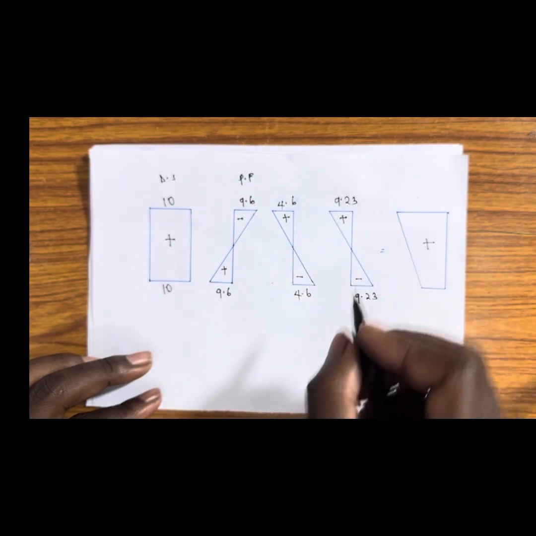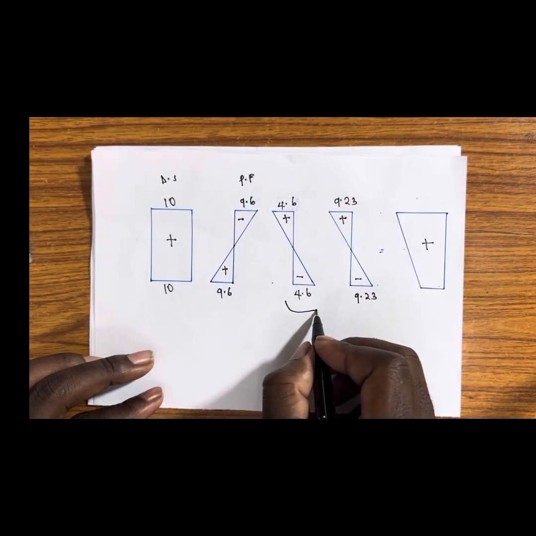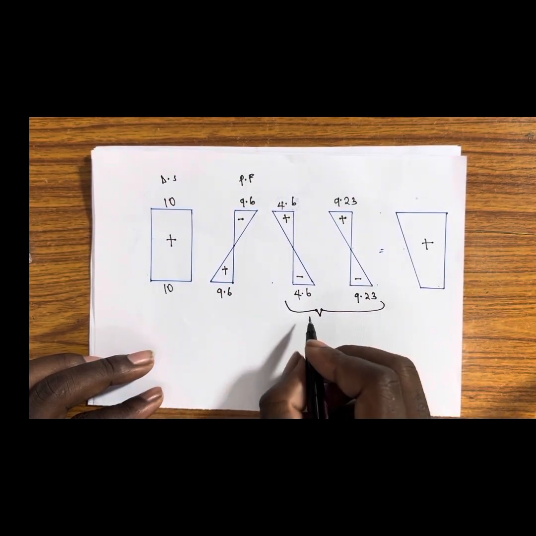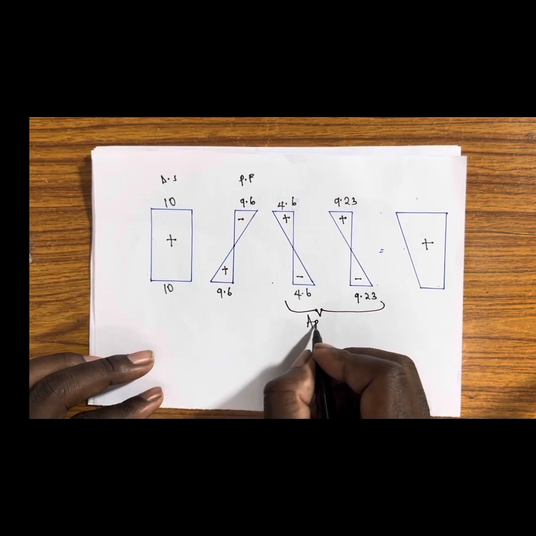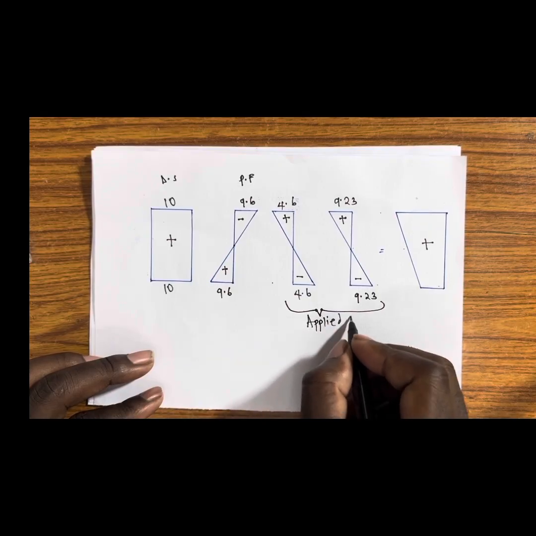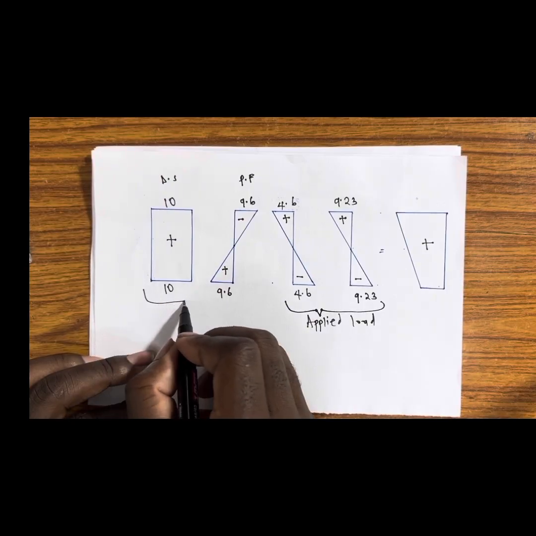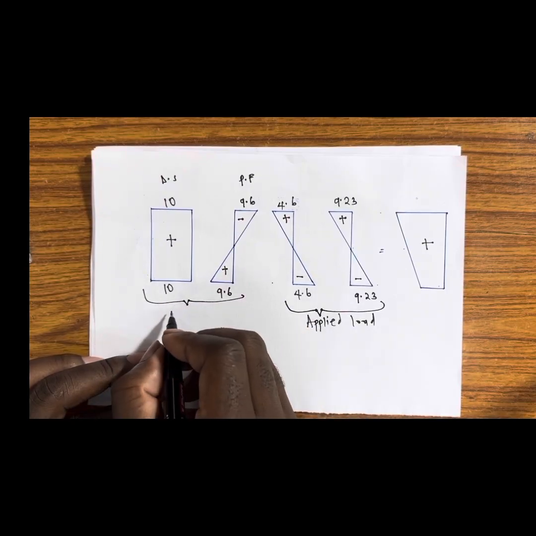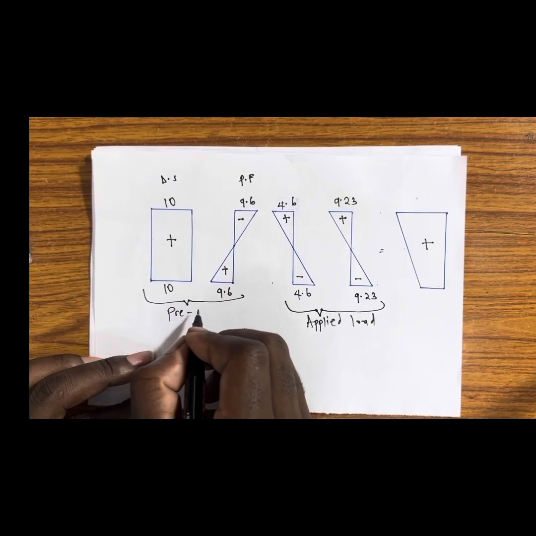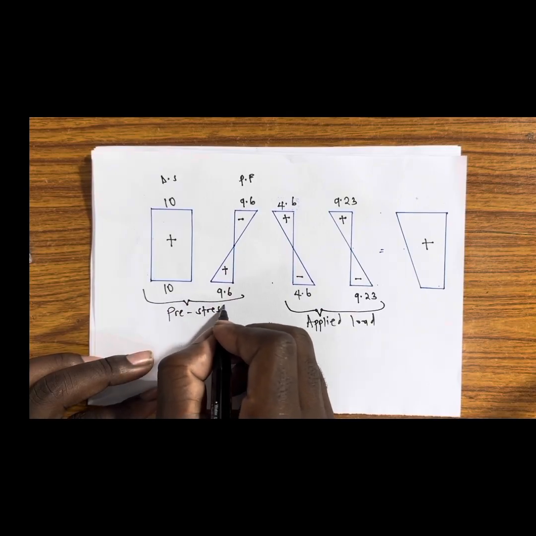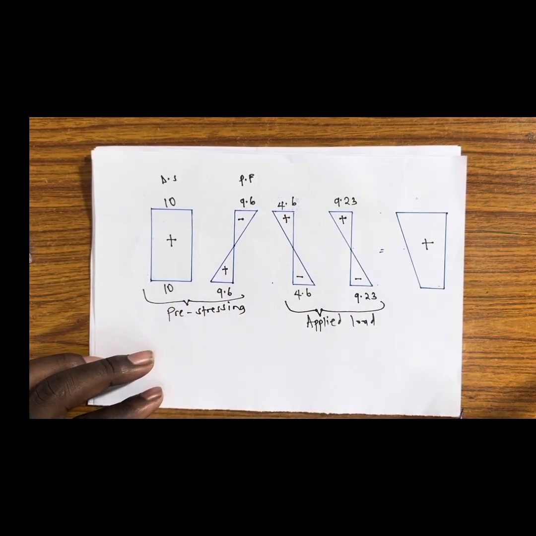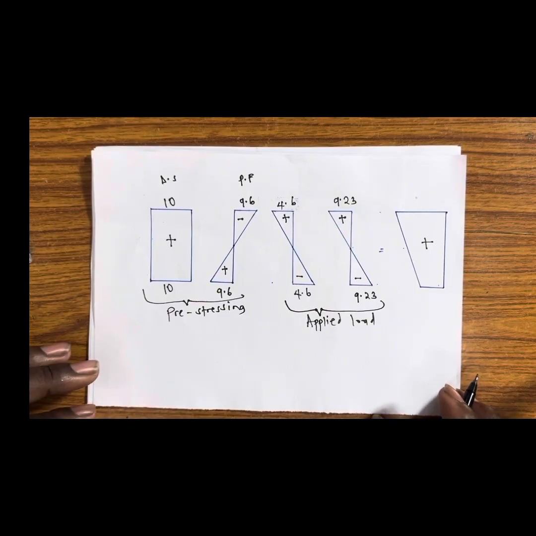So these two are coming as a result of applied load. Okay, applied load. And then these two are coming as a result of pre-stressing. So you need to get that clearly. Now let's focus on answering our question.